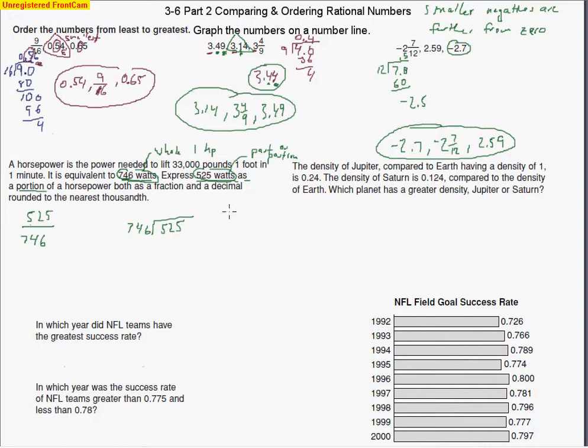Now what I'm going to do is, instead of 746, I'm going to cross that 46 off, and cross off this 25 as well. And so I'm really thinking of 7 into 5, or 7 into 50, because it's not going to go in evenly. So 7 goes into 50 7 times.